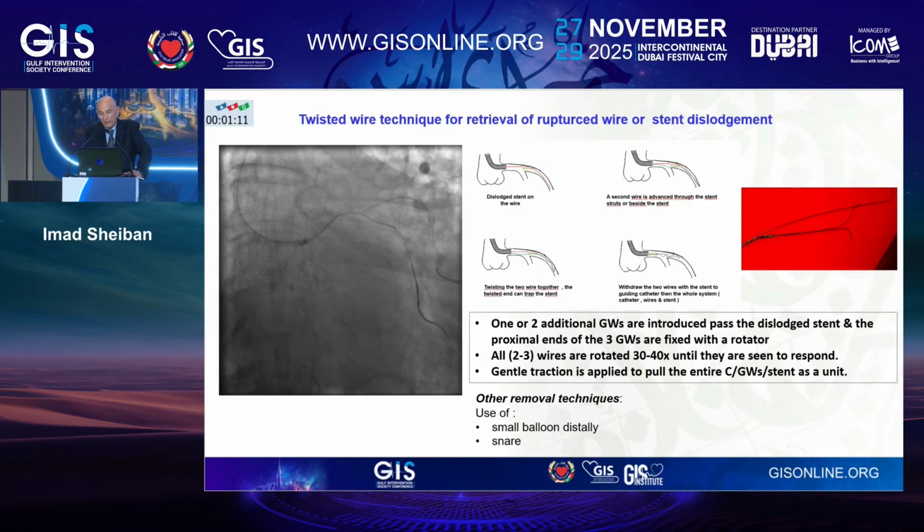Then there is migration of stents or devices, as well as rupture of a wire inside the coronary. Sometimes, if it is distal, it can be left without any consequences. But if you are not feeling comfortable with that, you can retrieve it with snares or with a double wire approach.